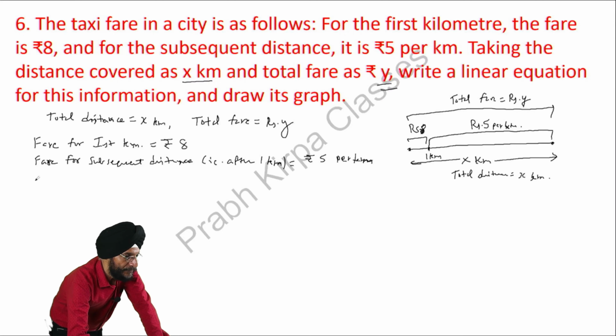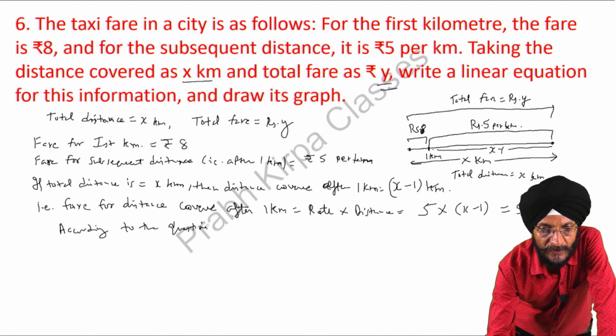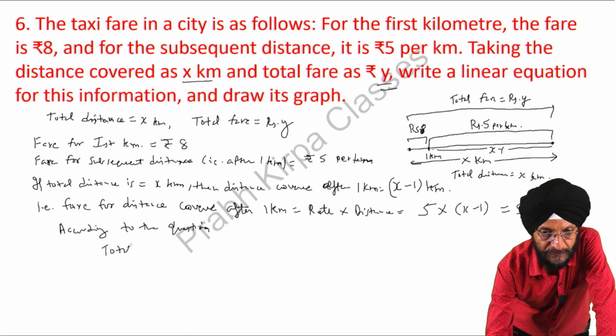So now according to the question, what is given? Total fare is equal to fare for first kilometer plus fare for distance after 1 kilometer. Here what is the total fare?